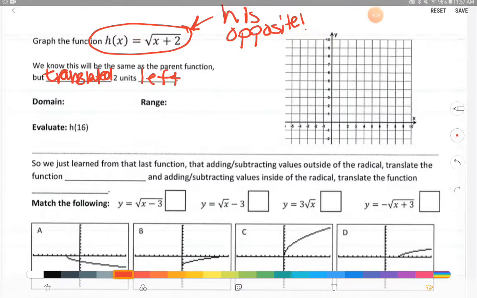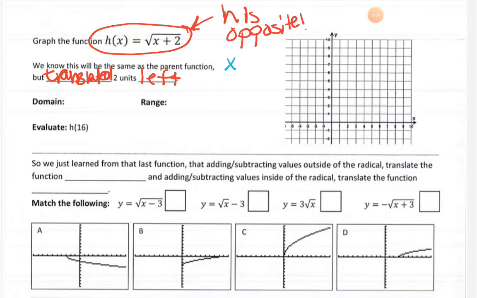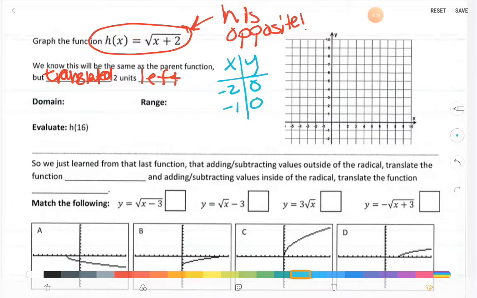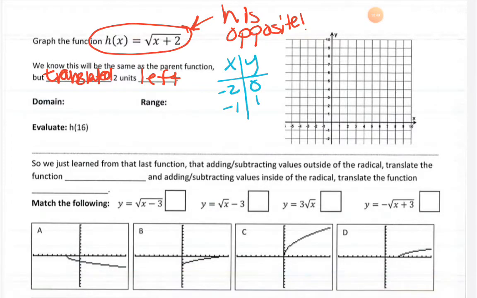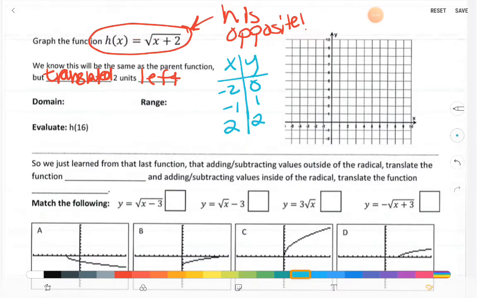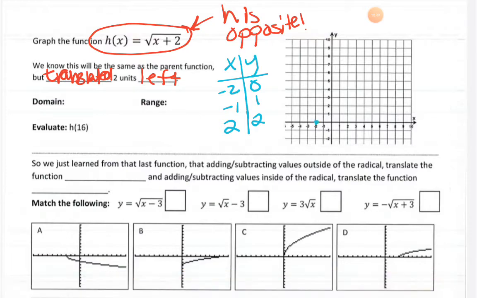Okay, so I'm going to grab some points from my table. I'm actually getting them from a calculator, but you can get them from Desmos, or you can plug them into your equation. Okay, so this is what this looks like.